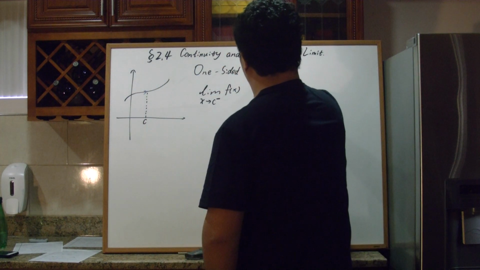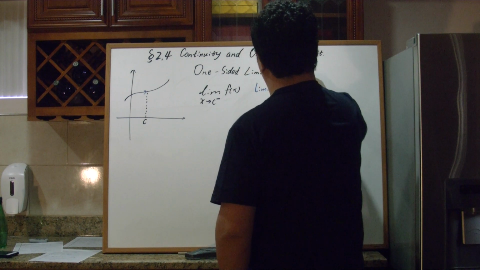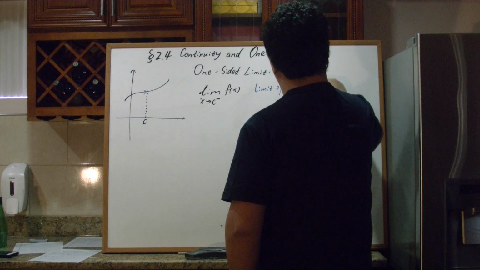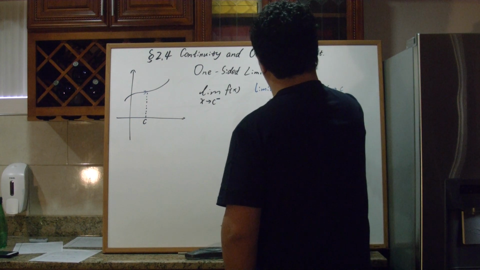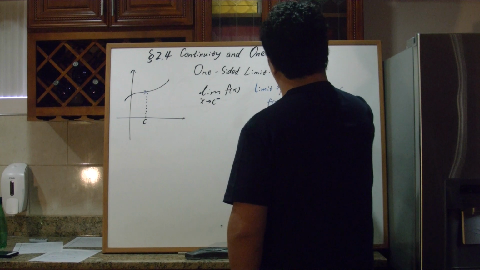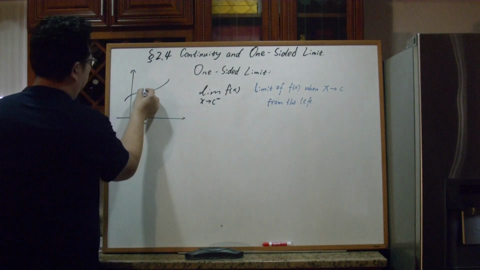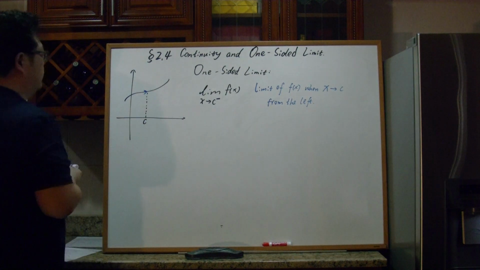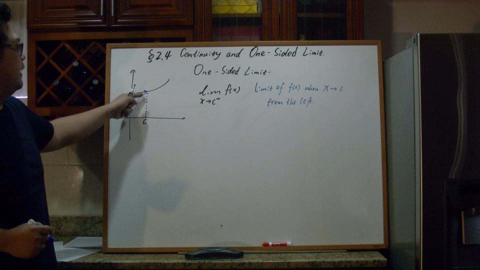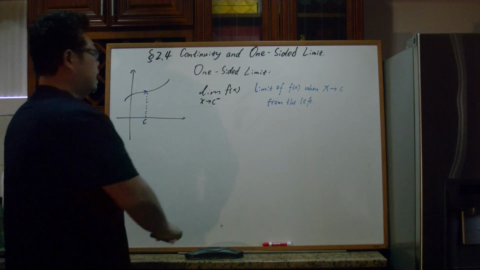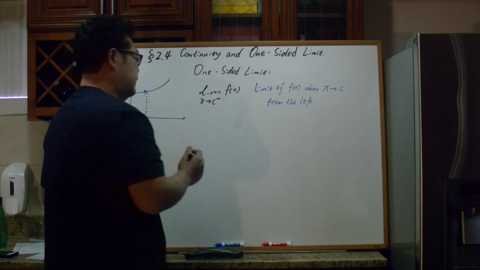That stands for the limit of f of x when x approaches C from the left side. So along the path of f of x, it approaches C from the left. That is this notation, and we use C minus.